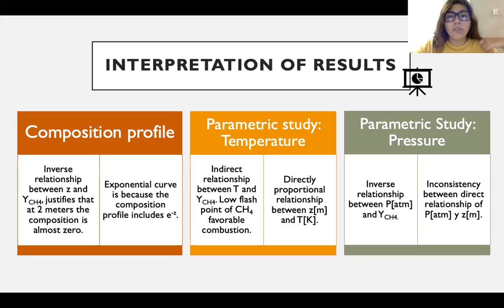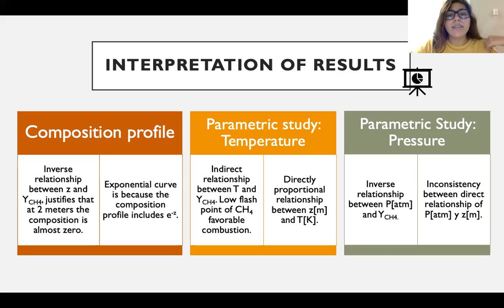This is because the flash point of methane is 85 Kelvin, so at room temperature, the gas is always flammable. The relationship between height and temperature is directly proportional. That means at an infinite height, there will be no presence of methane because the combustion has been complete.